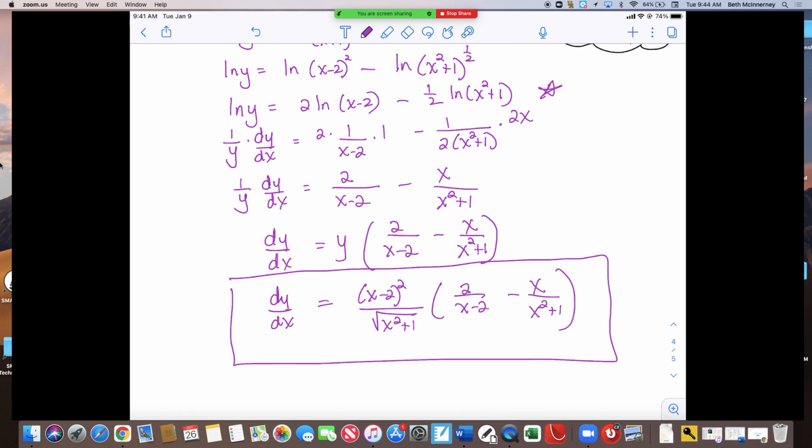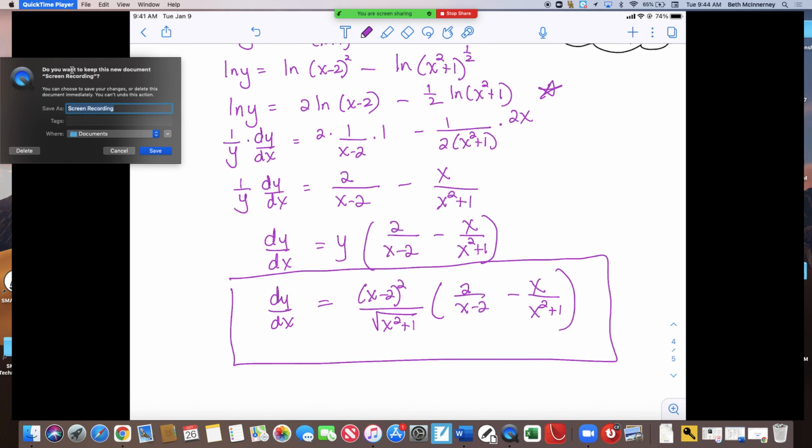But typically they prefer you to do logarithmic differentiation and then leave it like this. All right, questions? You do have to plug it back in, yes, because you need dy dx alone, and it's in terms of x.